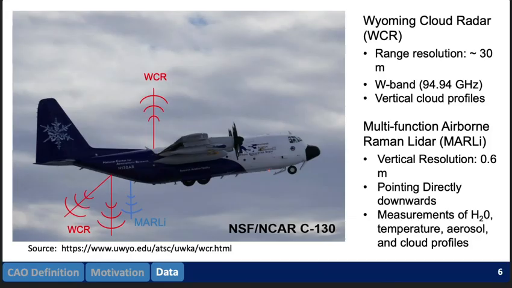With the radar, we can see the full structure of the cloud, but the lidar can provide more details. We can see the water vapor, even the aerosols, but it attenuates very quickly. So when the lidar is above the cloud top, we can only see the cloud top. And when the lidar is below the cloud base, there's no way we can see above the cloud.